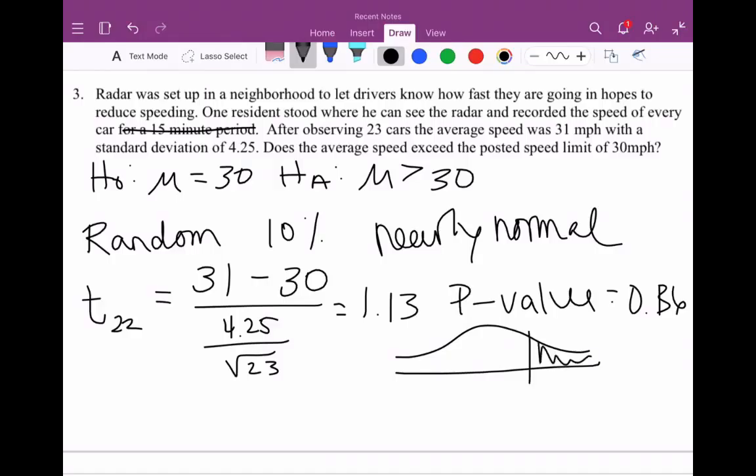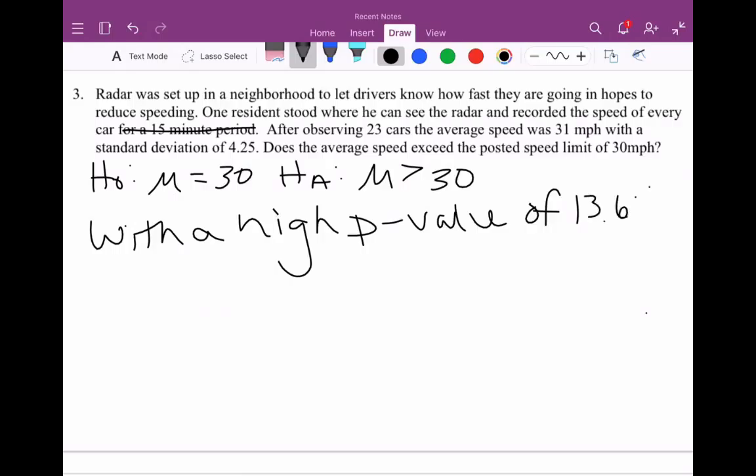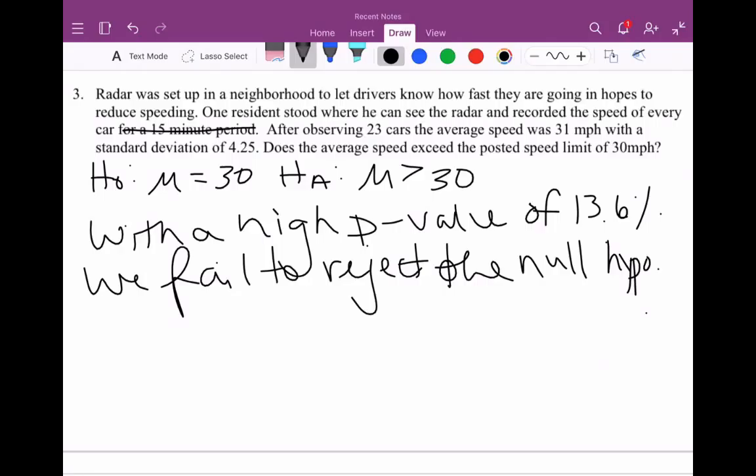Once we have our p-value, we can then write our conclusion. In this case, with a high p-value, we would fail to reject our null hypothesis. So with a high p-value of 13.6%, we fail to reject the null hypothesis.